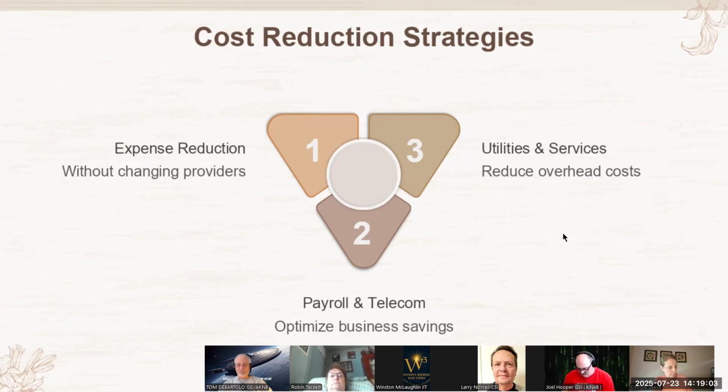Now, the benefit of this, of course, is that if they can get these bills they're paying right now reduced, the money they save can then go towards the employee benefits. So that's a win-win for both the companies and the employees.